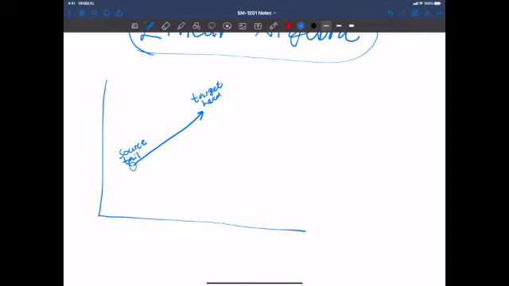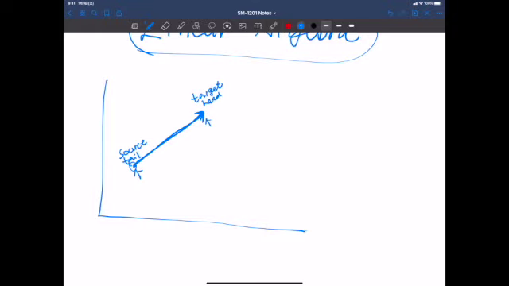So at least we do need 2 points, one for source and one for target. Then we draw an arrow. So this vector starts from this point and ends at this point.